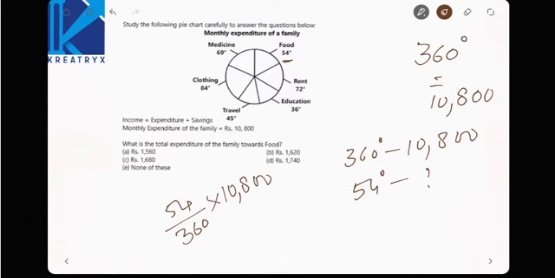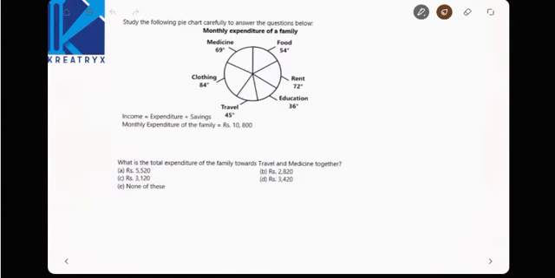Cancelling, 54 into 30 is equal to 1620. Calculations are very easy if you can represent the data correctly.